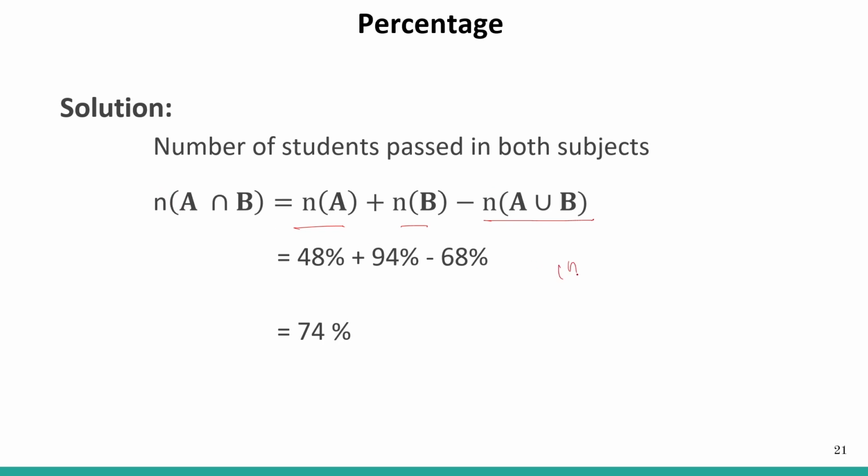So that is nothing but 48% plus 94% minus 68%, which is nothing but 74%.